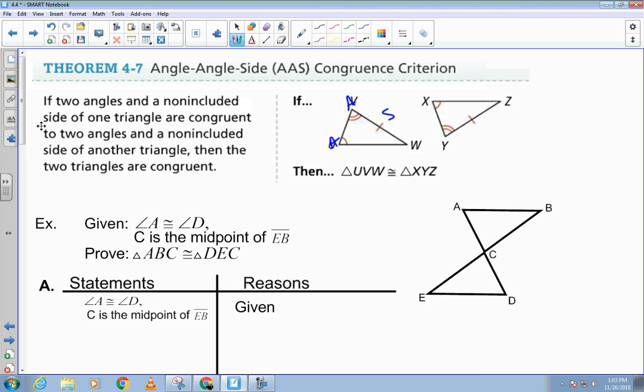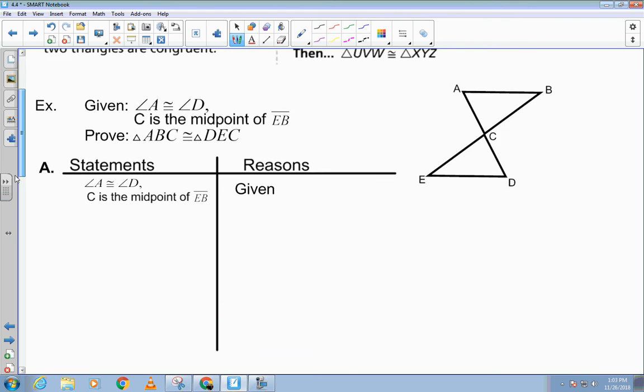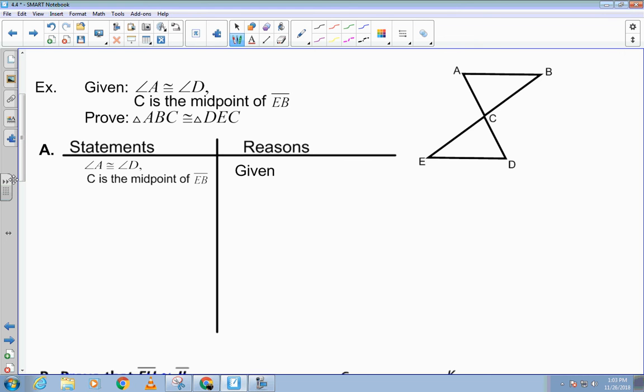Okay? Alright, so here's another little proof that we're going to do. Angle A is congruent to angle D. Okay? And C is the midpoint of EB. Where can I get from that? C is the midpoint of EB. EC and BC are congruent. Okay?